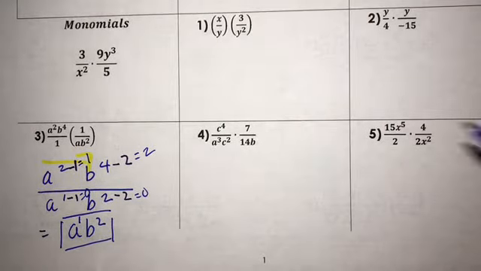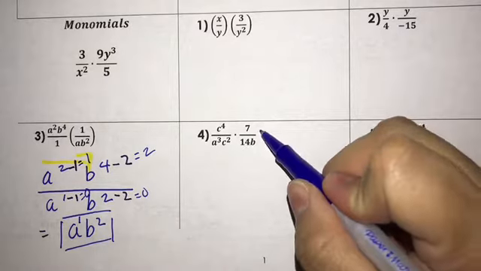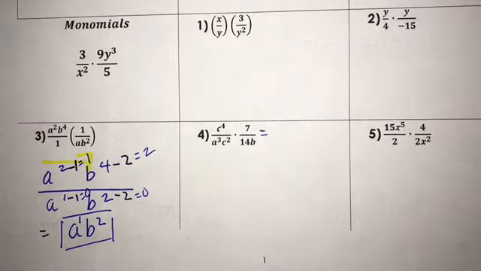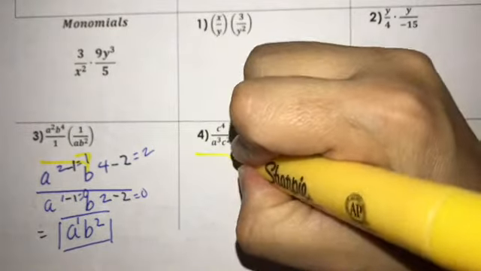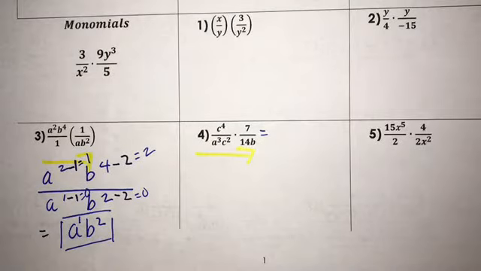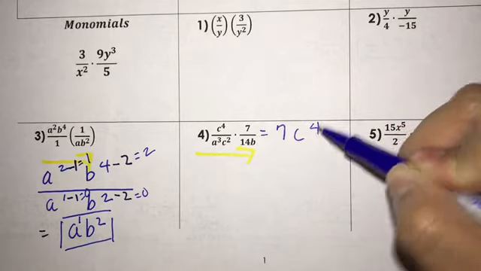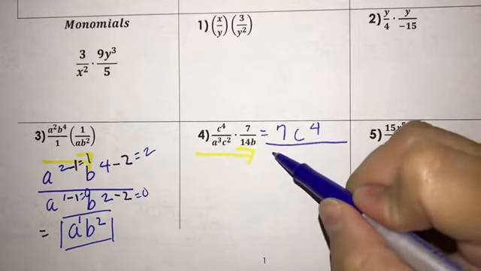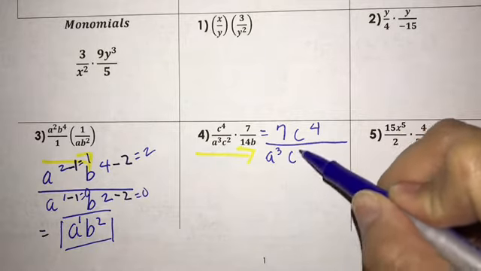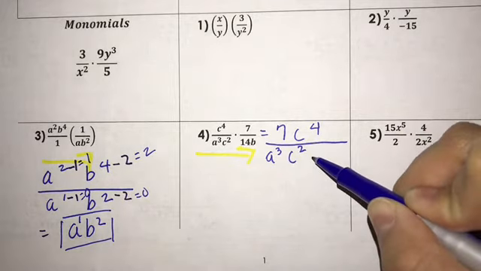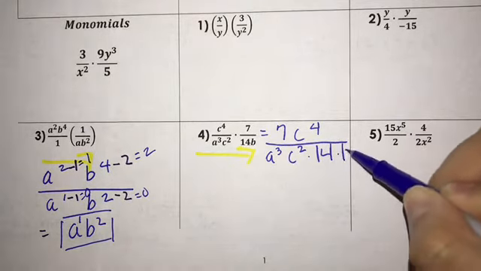Number 4, let's go ahead and multiply going across. So I'm going to get 7c to the 4th divided by a to the 3rd, c to the 2nd, times 14 times b.